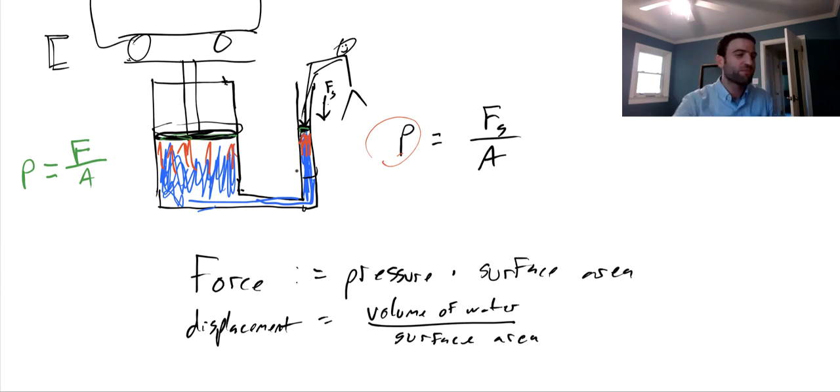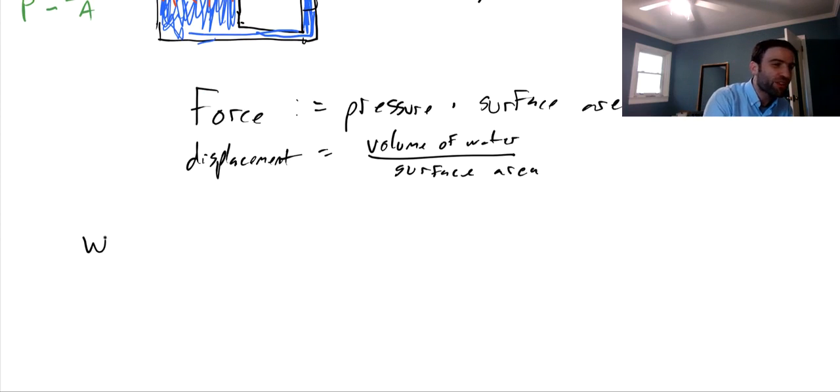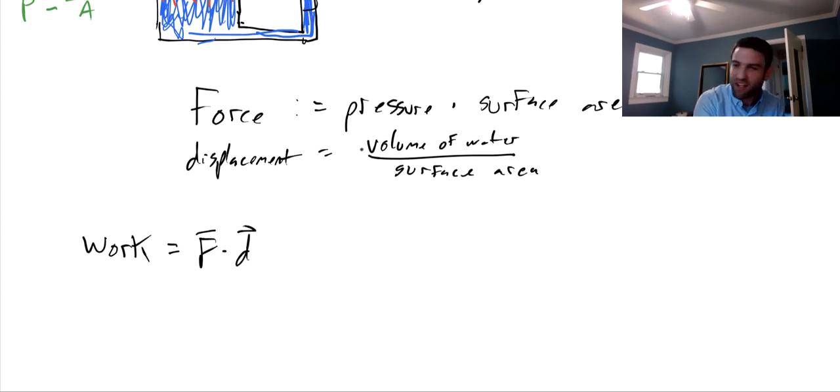And we know that we can think of the work done as the force dotted into the displacement. So in the context of moving fluids around in these pumps, force times displacement is pressure times surface area times volume divided by surface area. So the work done in moving water around is equal to the pressure of the fluid multiplied by the volume of water moved.